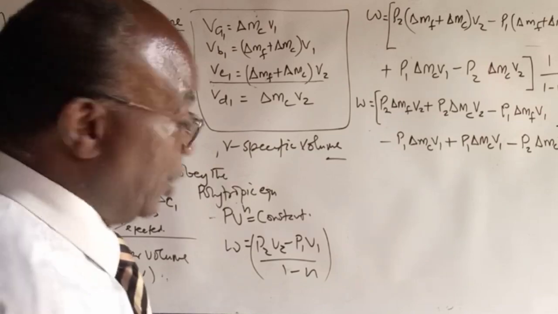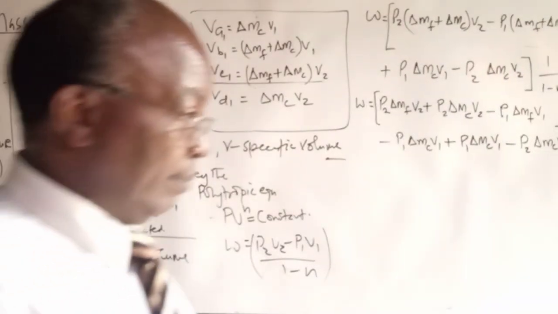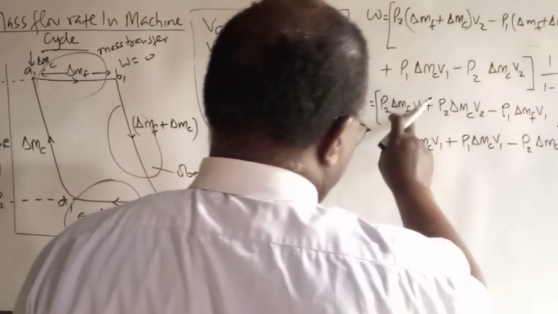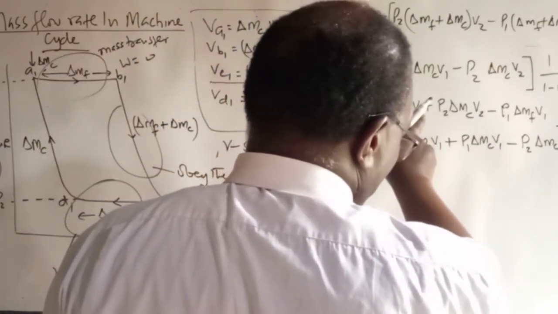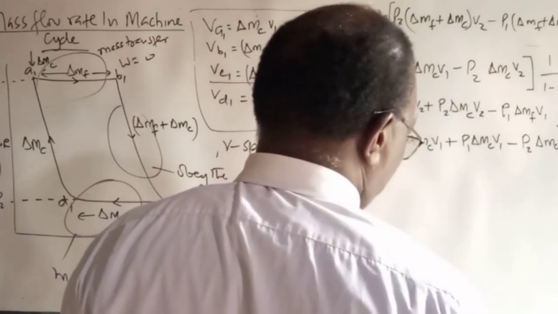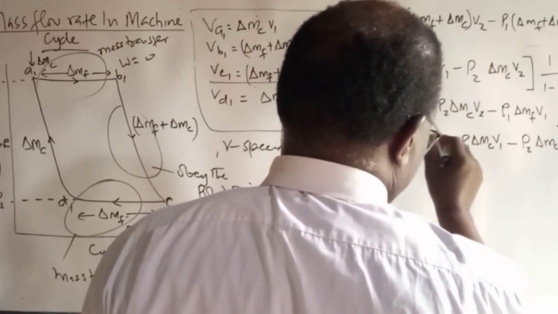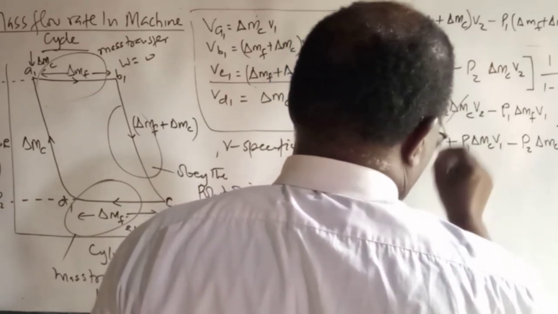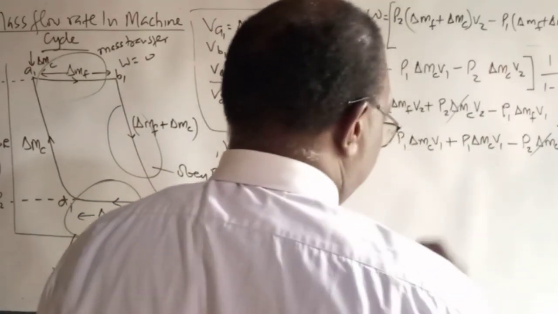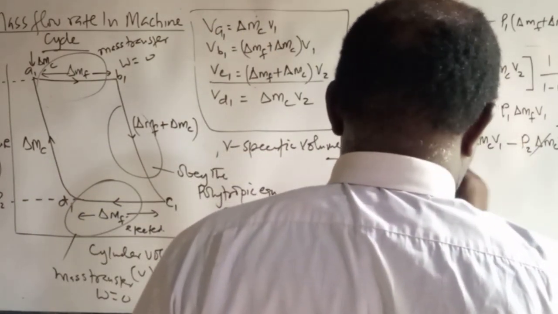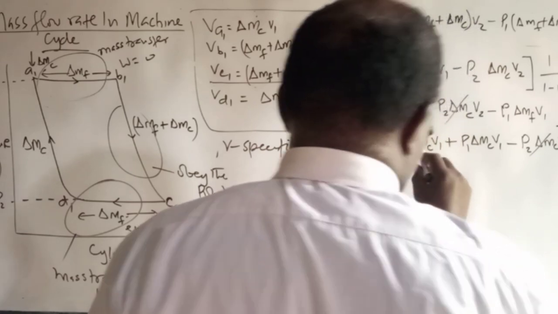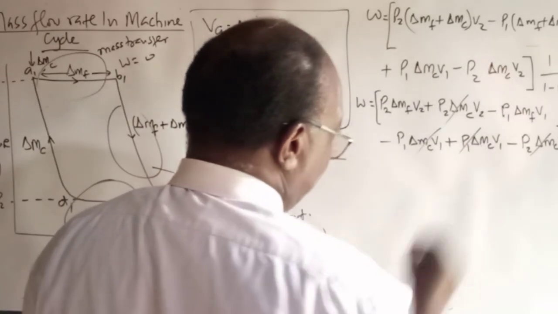So let's see if there are terms which are alike and can be added or subtracted or cancelled out. So we have P2 delta MF V2. We don't see one like that. We have P2 delta MC V2. Yes, that cancels out that one. And we have minus P1 delta MC V1 plus that. They seem to cancel out.